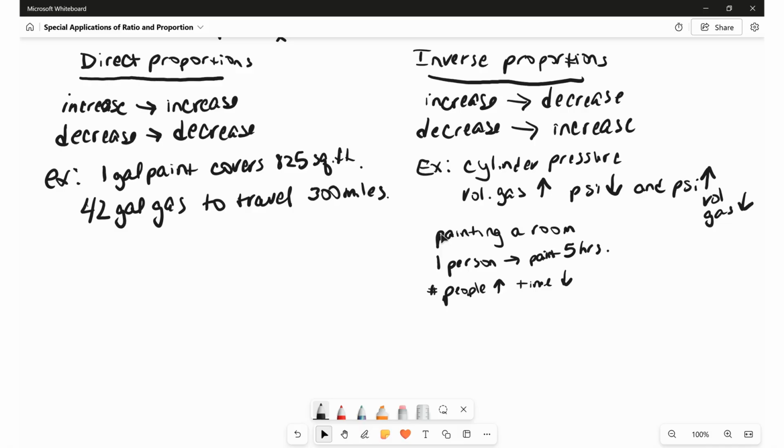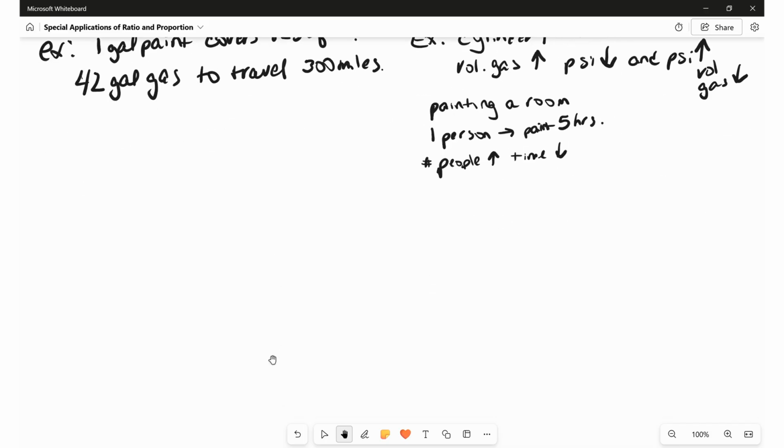All right, so let's look at a couple of math examples for both of these. So first of all, let's look at a direct proportion.